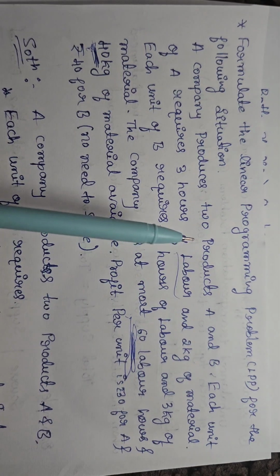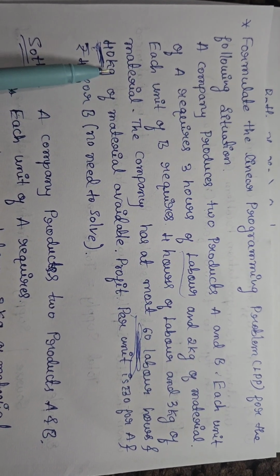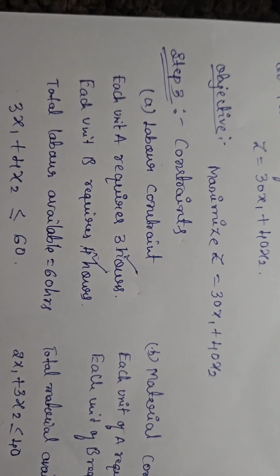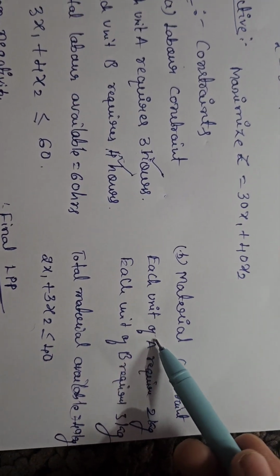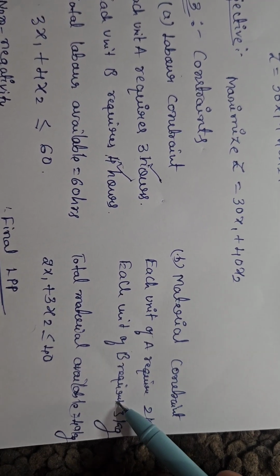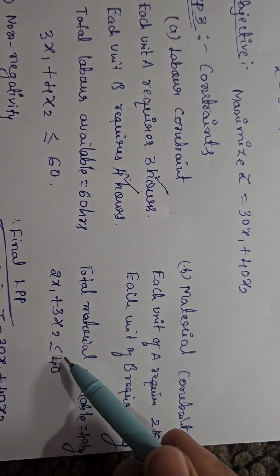So that we need to write. Then total material is 40 kg. We need to write it by using the decision variables. A we already took as x1, x2 we take for B. So 2x1 plus 3x2 is less than or equal to 40, the total material available.